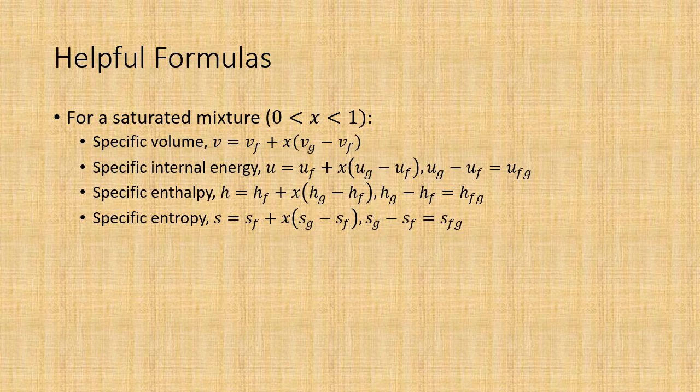Once we understand how to solve problems involving specific volume, we will be able to use a similar approach for specific internal energy, specific enthalpy, and specific entropy. These formulas are also listed in the formula sheet.